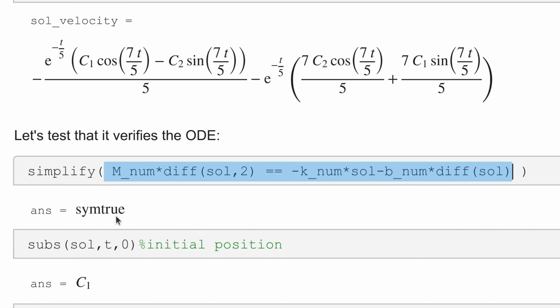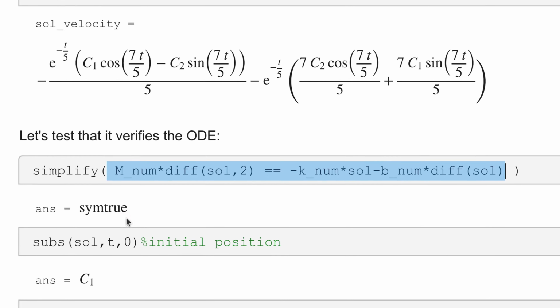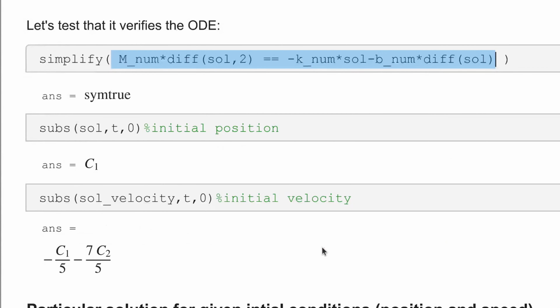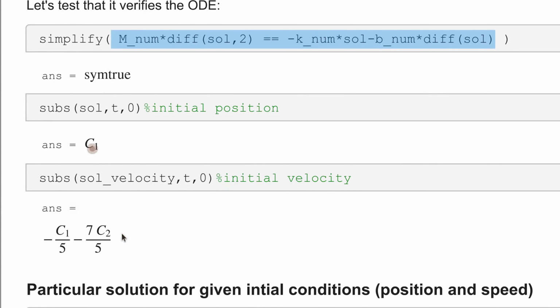Of course it's a solution, but this is an explicit check that this equality is indeed true. The initial position would be obtained substituting t by 0 in here, and the initial speed would be obtained substituting t by 0 in this expression below. So initial position is c1, initial speed is this thing.